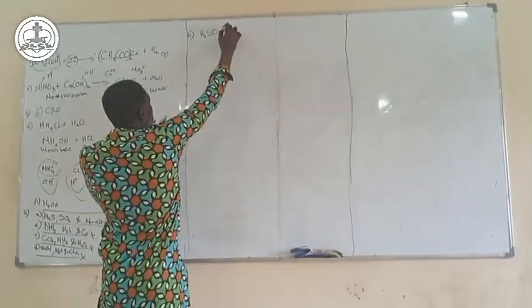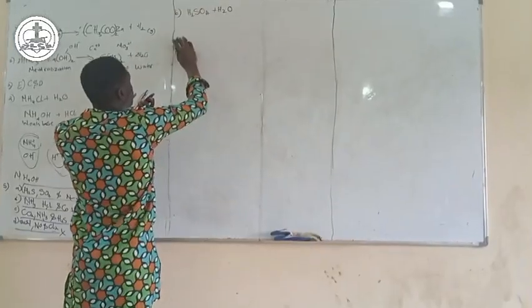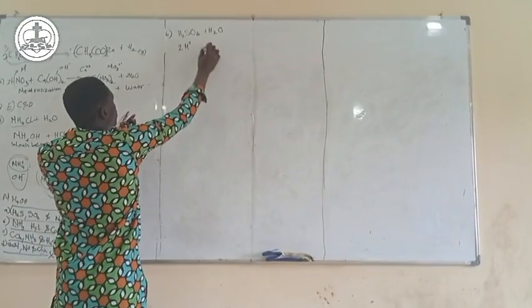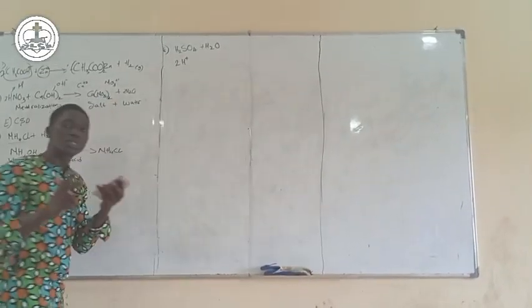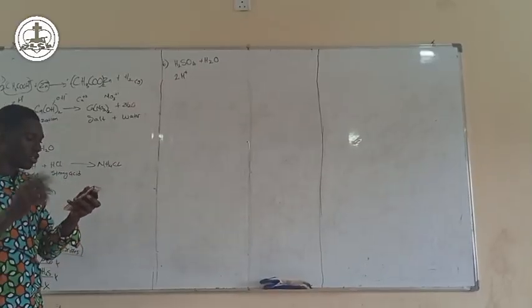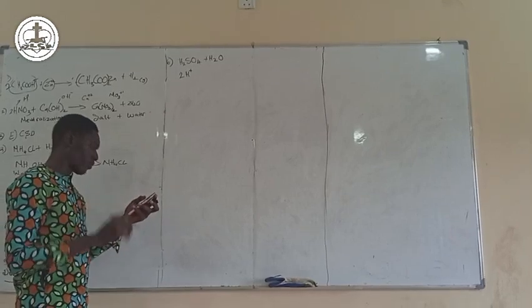So if we dissolve this in water, how many hydrogen ions do we get? We have 2H plus, so we have two. So the basicity of tetraoxosulfate 6 acid is 2, and the answer is A.